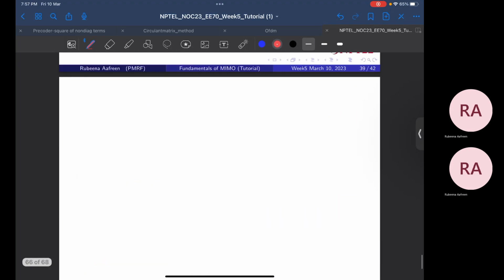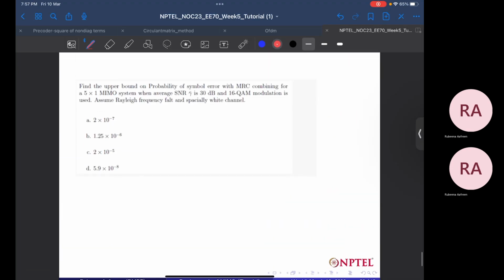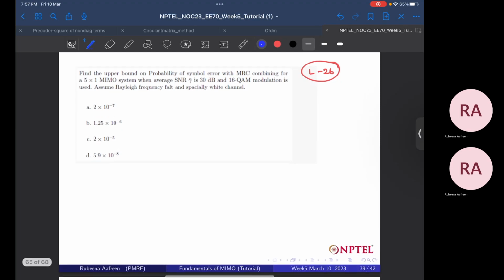Okay. Now we will come to the last question. This thing is given in lecture 26, the theoretical part, the proof you can go and see in lecture number 26. So here, see, upper bound on probability of symbol error with MRC combining is given as P_E upper bound is N times of (rho d_min square divided by 4 times of M_R) to the power of minus M_R.